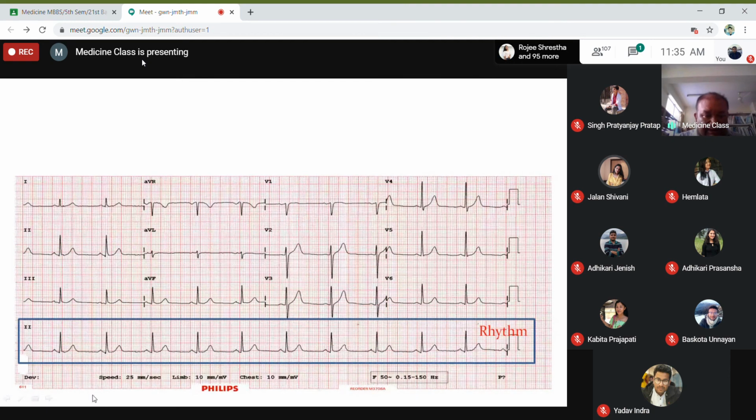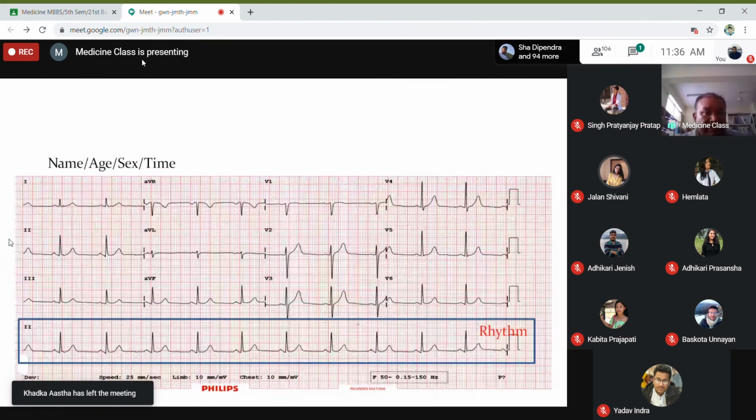Now in ECG, what you'll find is the speed. What is the speed of the paper? It's 25 millimeter per second. What is the voltage that has been calculated? In limb leads it's 10, in chest leads it's 10 millimeter per millivolt. These are very important pieces of information that will be printed on the ECG paper.